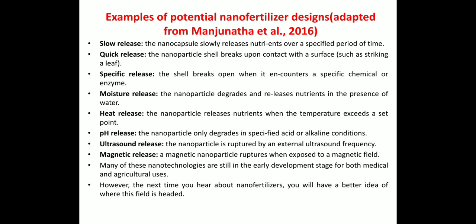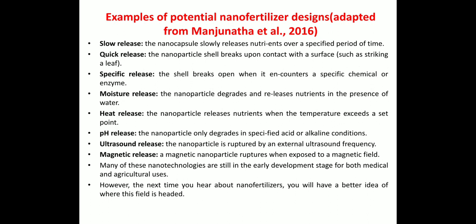Means slow release, that is it releases nutrients slowly. Peak release, that is when the cell of the nanoparticle breaks upon the contact with the surface. It may be the leaf or the soil. When the specific release cell breaks open when it encounters the specific chemical. Moisture release, when the nanoparticle releases nutrient in the presence of water or moisture.